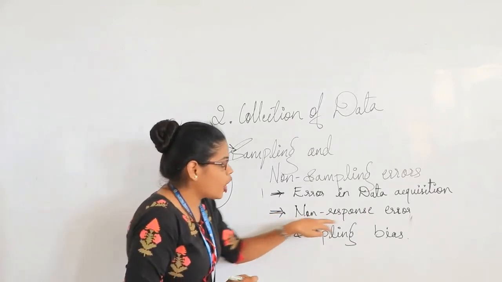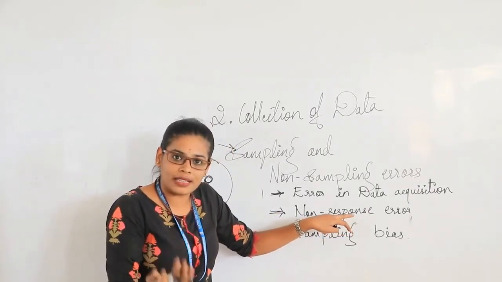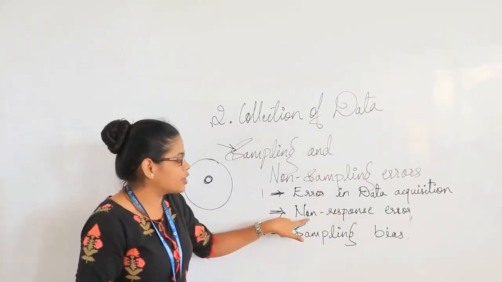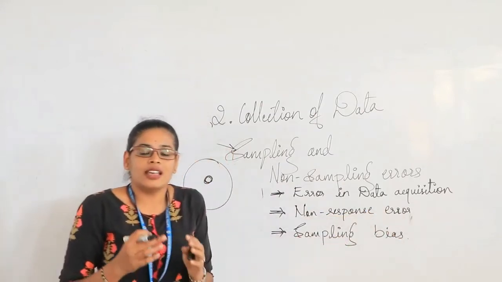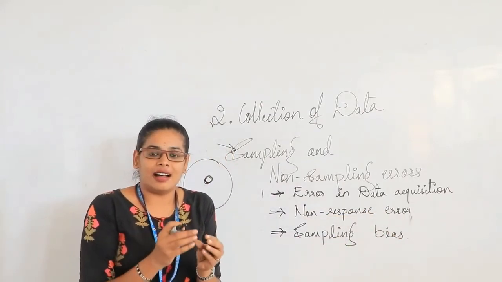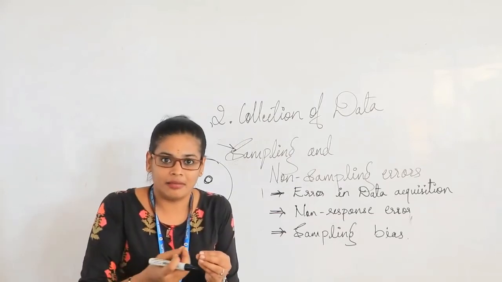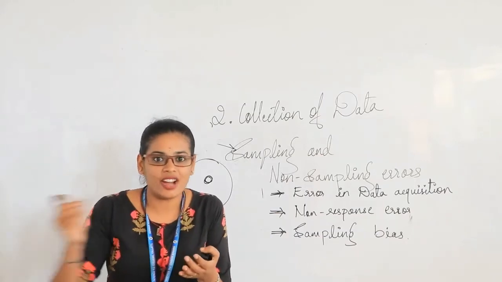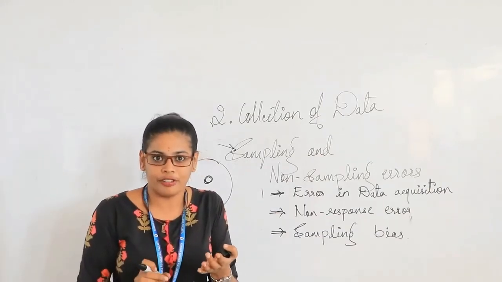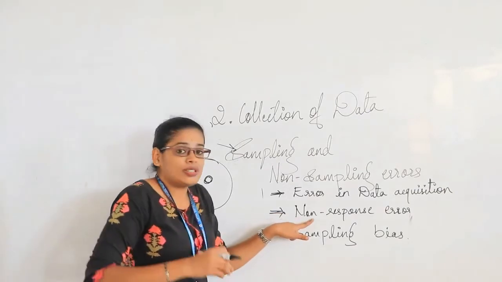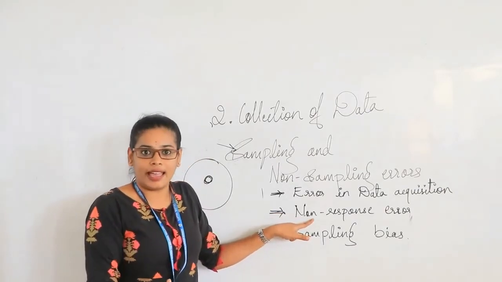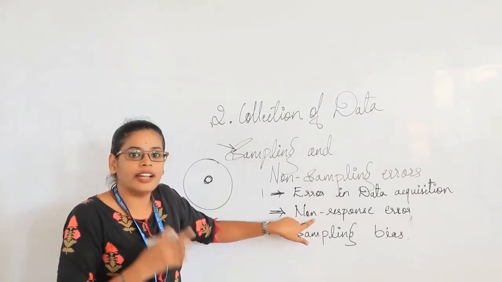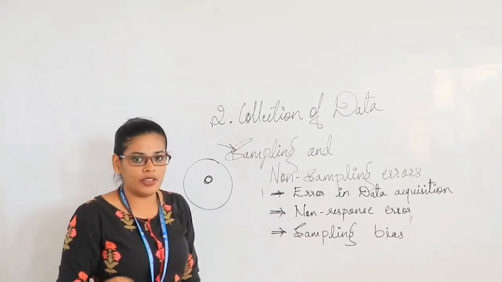That's the non-response. The one person is not responding to your questionnaire. That becomes your non-response error, because if he hasn't given his response, then I cannot take his questionnaire and fill it in. Those kinds of situations will also be there when you are conducting the survey. That kind of error is considered the non-response error.